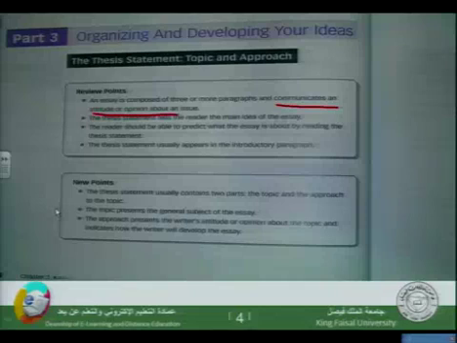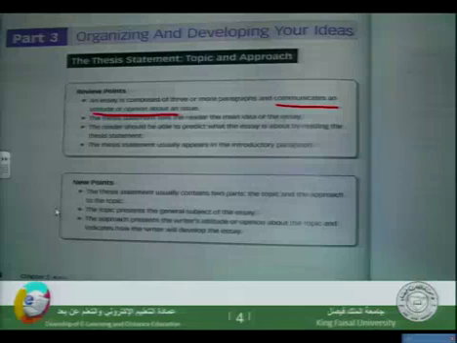You want to convince the reader that he or she should follow your view, and you're going to tell them why your view is worthy to be followed. Right. Second point, the thesis statement tells the reader the main idea of the essay. Right. Now, the main idea of the essay is told in the thesis statement.